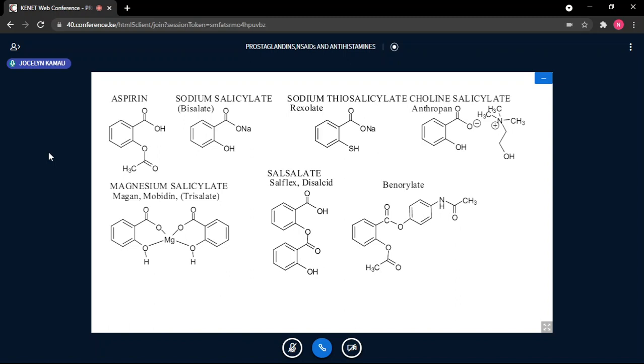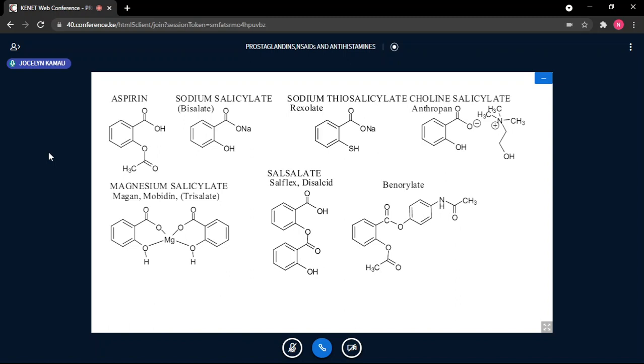Looks like I didn't give you the structures of the salicylate. Oh, looks like I've omitted that, the structures of the salicylate, so you can look at them and draw them quickly. I don't know whether you have the structures. I was hoping I had. So draw them quickly. You have not drawn them.